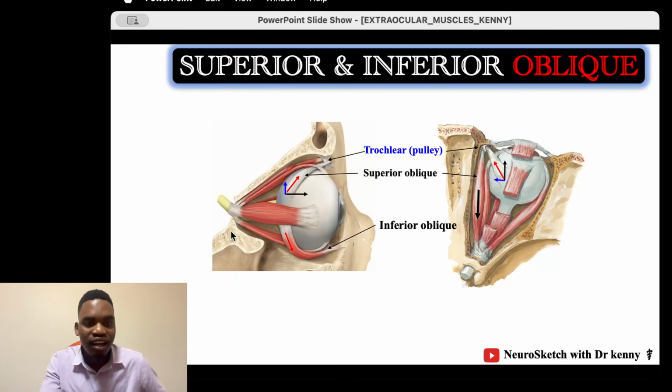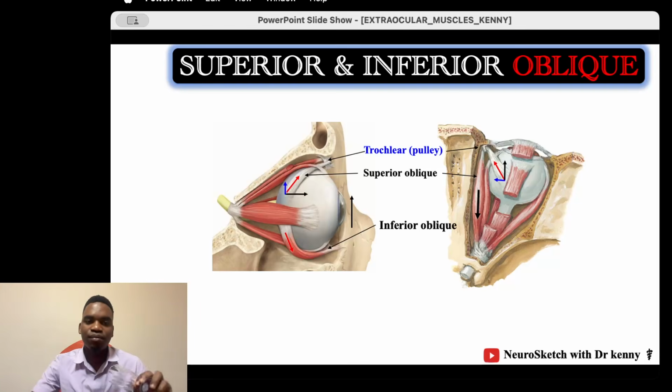Why? Because of the position they are in. When you pull the superior oblique, they will have a powerful medial rotation, and when you pull the inferior oblique muscle, we have a powerful lateral rotation. I've used most of my time discussing here because I know how miserable your life could be from these two muscles.